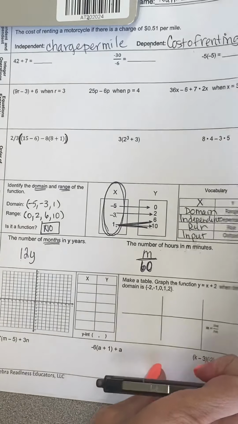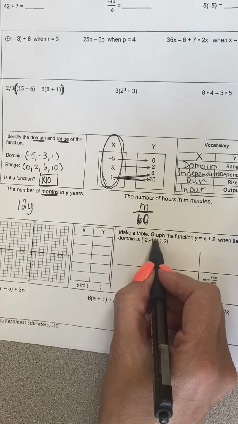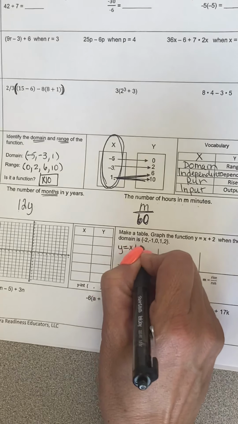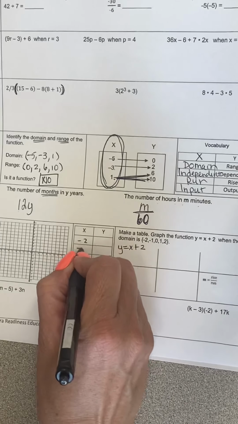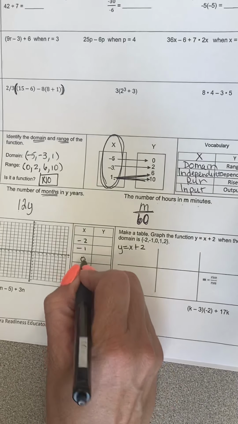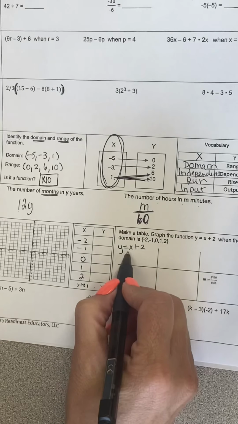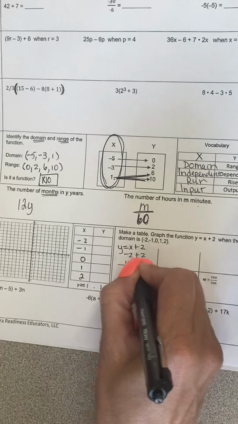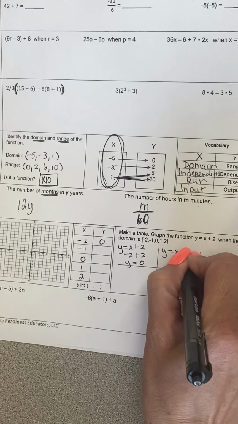Representing functions as graphs. So make a table, graph the function y equals x plus 2. Well, my domain is -2, -1, 0, 1, and 2. So now I'm going to plug in my x values. So -2 plus 2, so y equals 0. Again, y equals x plus 2.